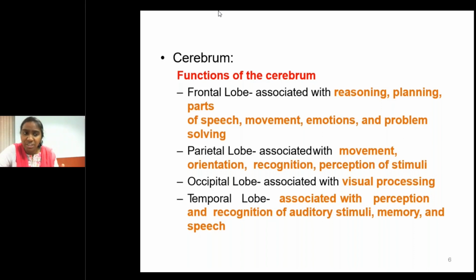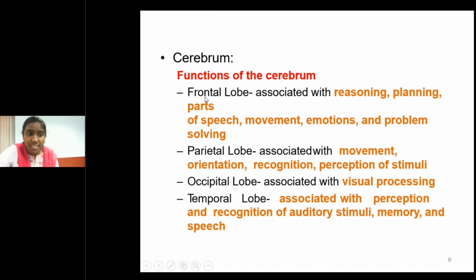You must know the functions of these four lobes, because when you study stroke conditions, like if the left side of the brain is affected, what symptoms the person will exhibit, or if the right side or the occipital lobe is affected, what the symptoms are. So first you must know the functions of each lobe.